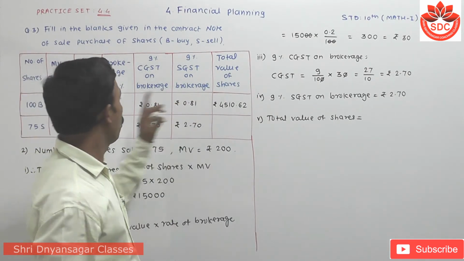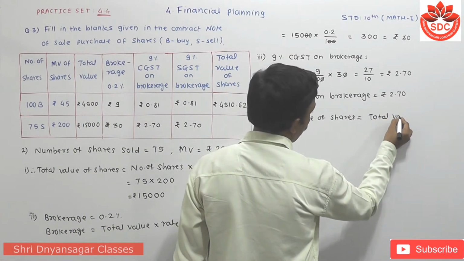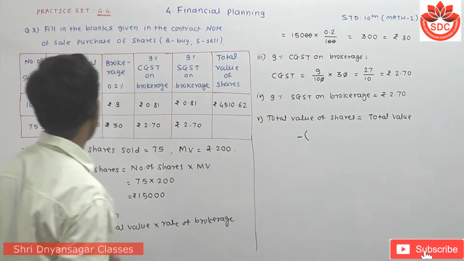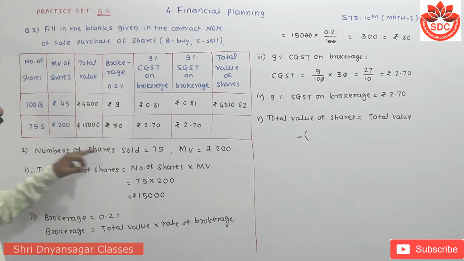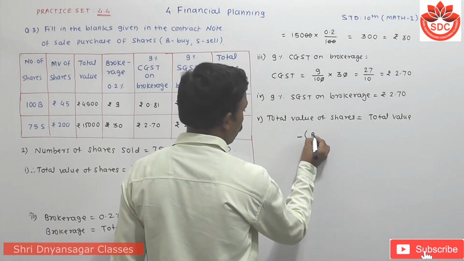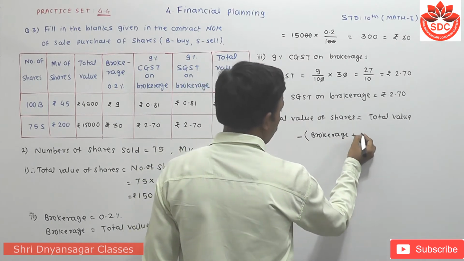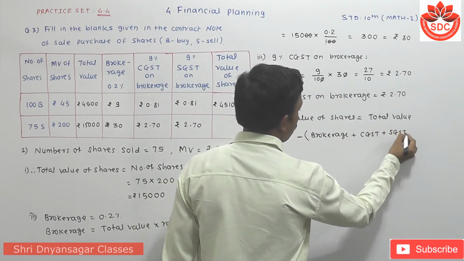Now here is the total value. Look carefully, here I have a minus sign because the shares are sold. So we have to subtract these brokerage values, that means brokerage plus CGST plus GST.